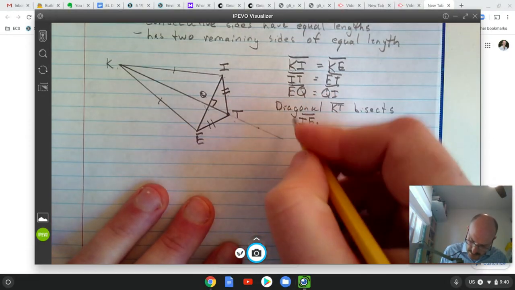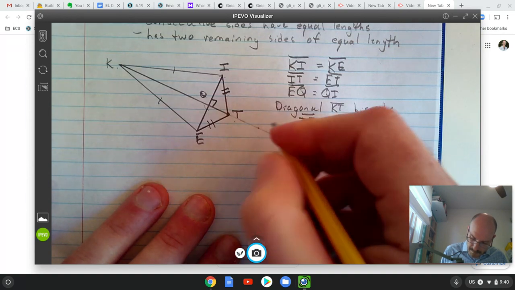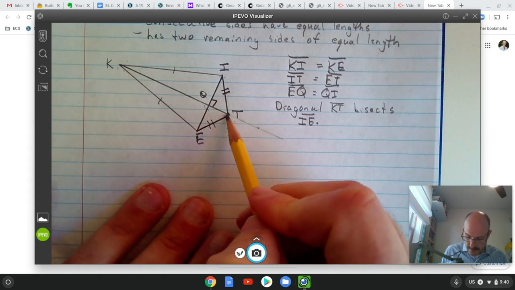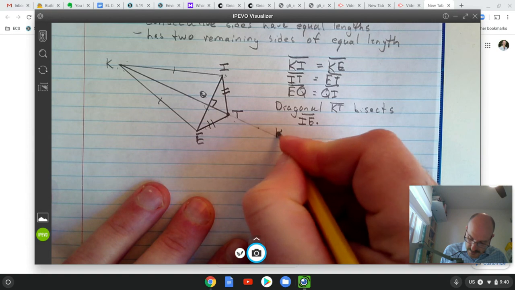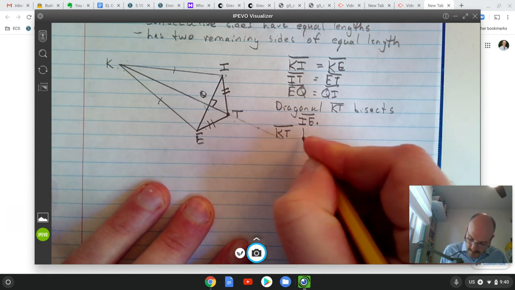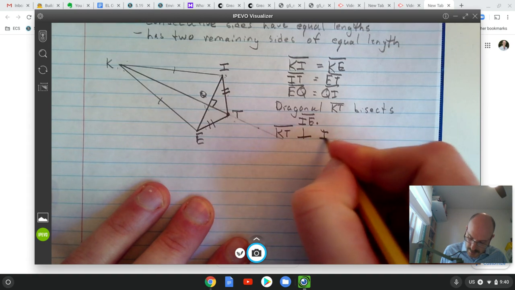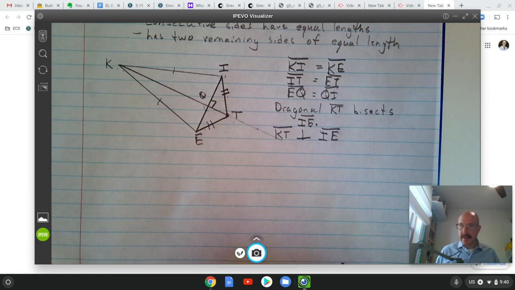And the other part is KT is perpendicular to IE. That's a right angle. So KT is perpendicular to IE. And that would be a property that you would see on any kite.